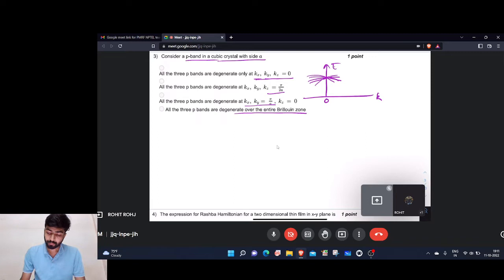The degeneracy of these p bands, that is the same value of energy, is only possible at the gamma point. The gamma point is nothing but kx, ky, kz equal to 0. So the correct option would be all the 3 p bands are degenerate only at the gamma point, where kx, ky, kz equal to 0.